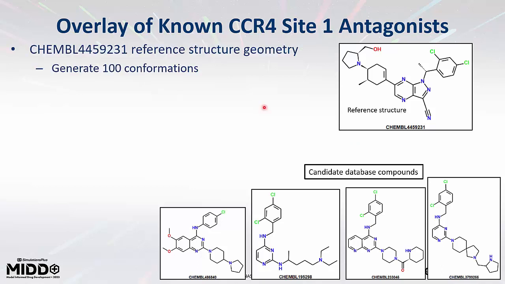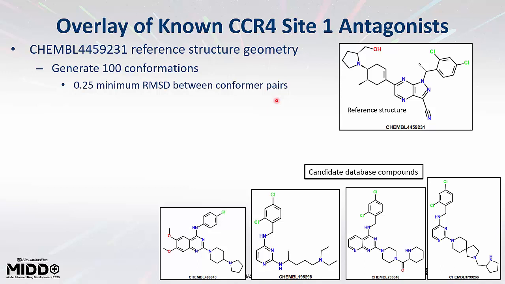First, we'll generate 100 conformers by incrementing the rotatable bonds, but each conformer must meet the following criteria. A 0.25 minimum RMSD between the conformer pairs. So this will compare each conformer to another, and if the RMSD is less than 0.25, it will eliminate one of those conformers.